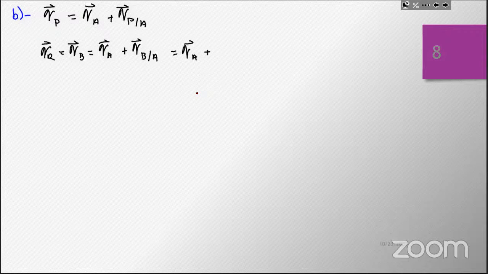What's the relative velocity of point B with respect to point A? Well, we wrote this last time: omega about the z-axis cross the relative position of B with respect to A. So we're going to have to do a cross product, right? Because these are going to be vector equations.